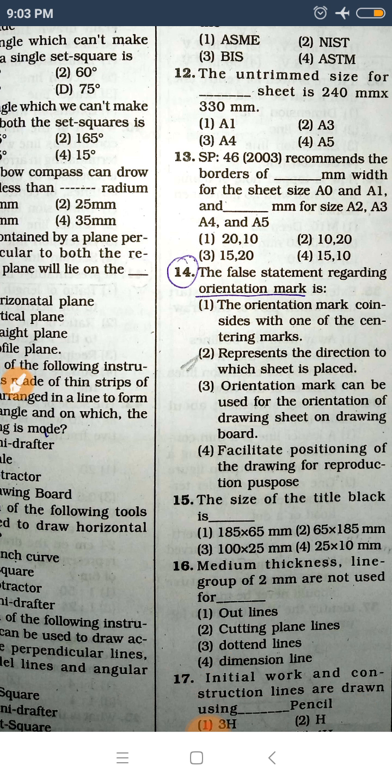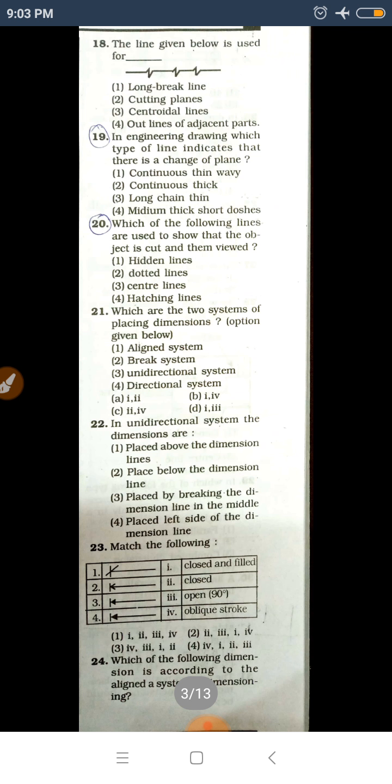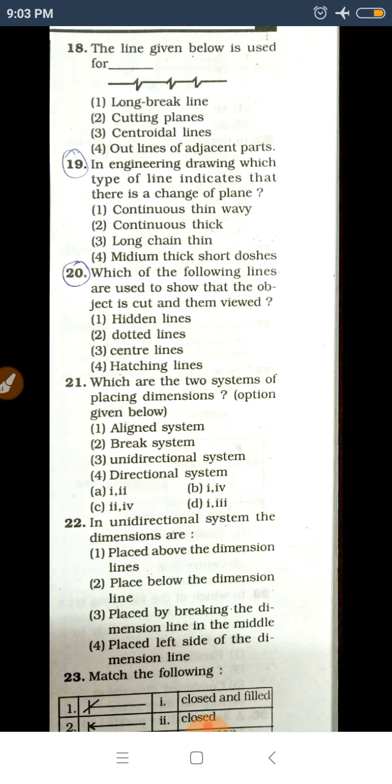Initial work and construction lines are drawn using H pencil. The line given below is for long break, cutting plane, central line, outlines of adjacent part. The answer will be long break line.